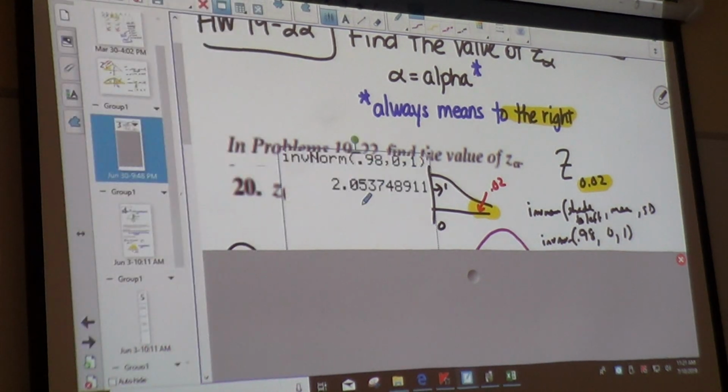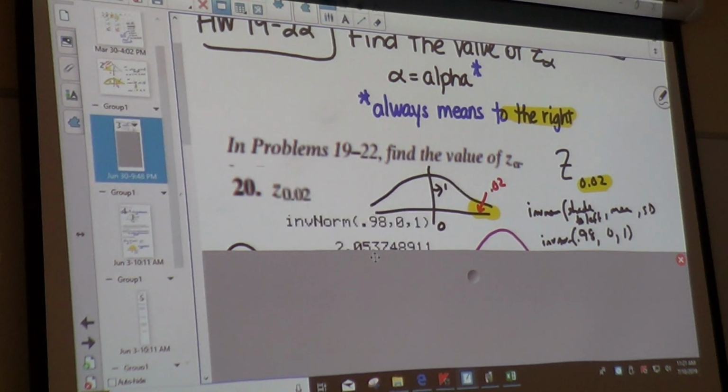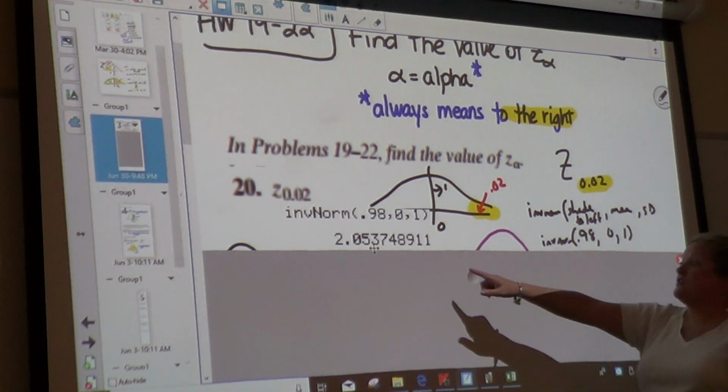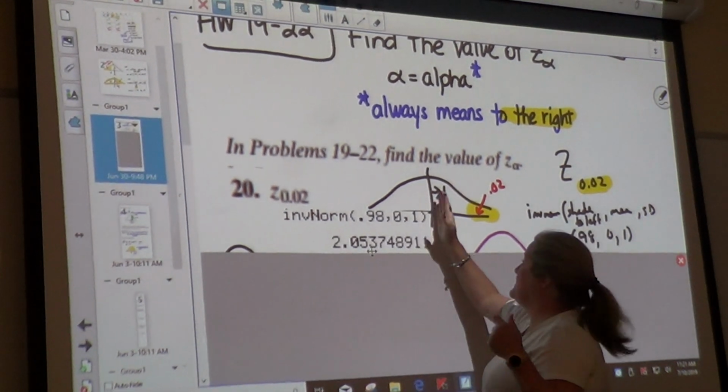So what does that 2.05 tell me? What are we trying to find when we do inverse norm? The Z-score. So that tells me it's positive, which means it's on this side.